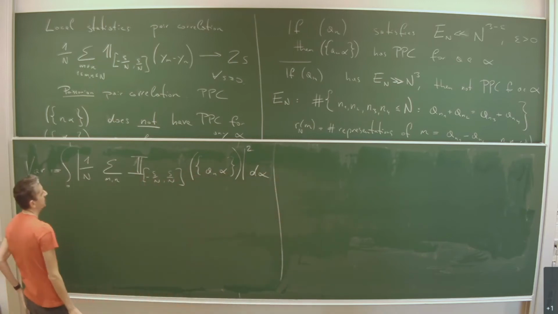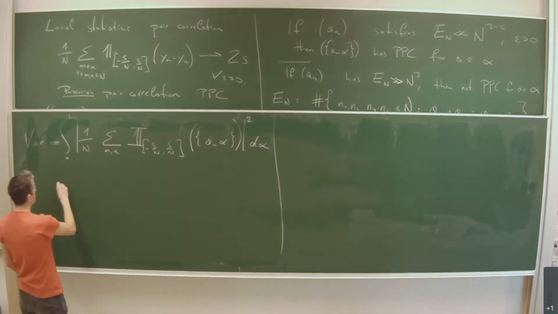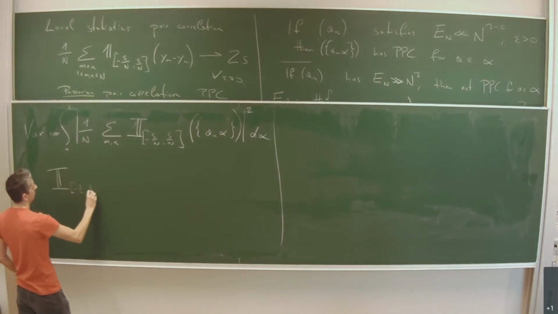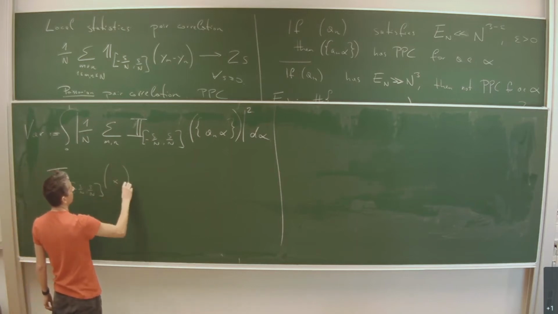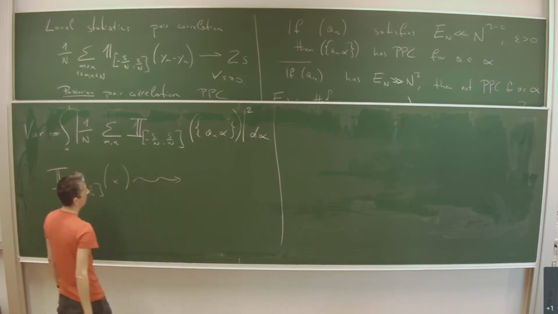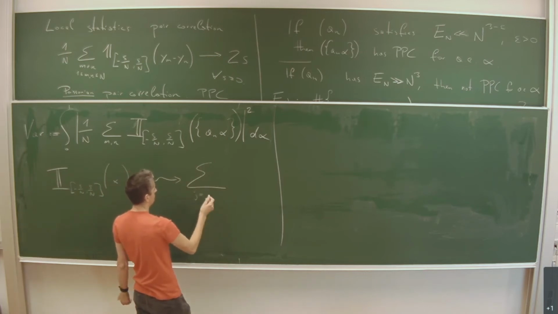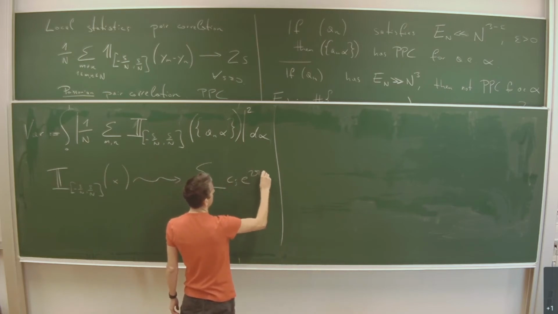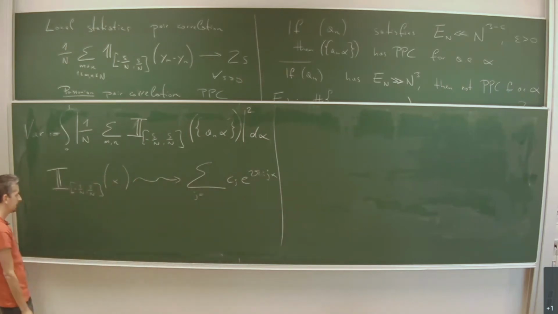Now we try to expand this into a Fourier series in the spirit of Weyl's criterion. So this indicator function, we convert this into a Fourier series. There's a coefficient c_j and some e to the 2 pi i jx. And now we don't want to have an infinite Fourier series.